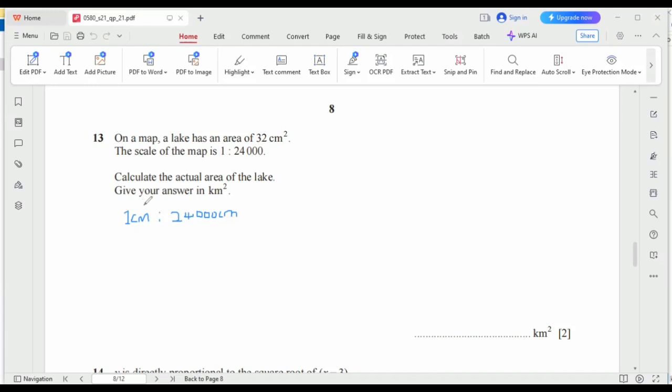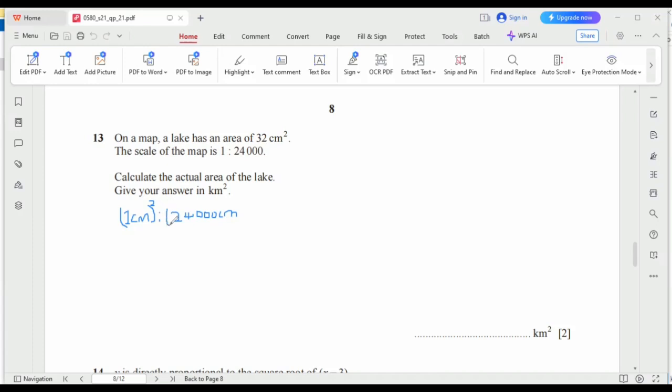Now, when I say square this, you square this side here, and then you square the other side. So let's do that properly. To get the area scale, you square this. You can square it with or without cm, it doesn't matter.